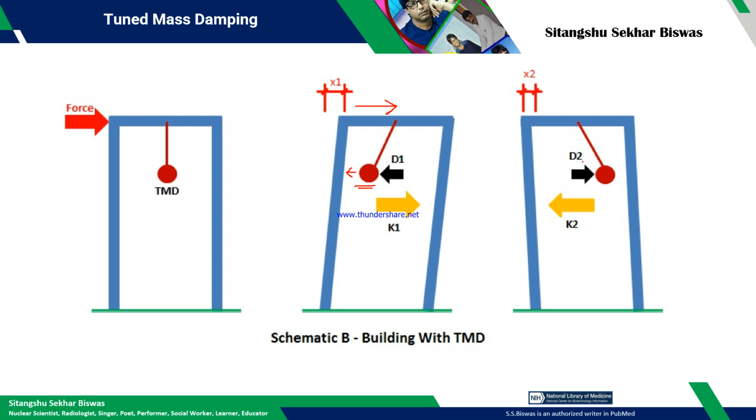And vice versa: when it goes in the other direction, the pendulum moves in this direction. So the energy due to the external excitation is dissipated through the movement of the pendulum.